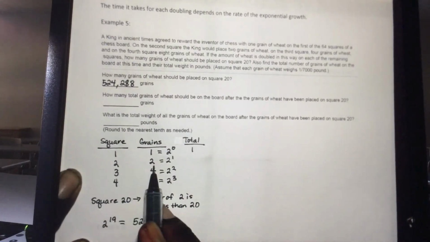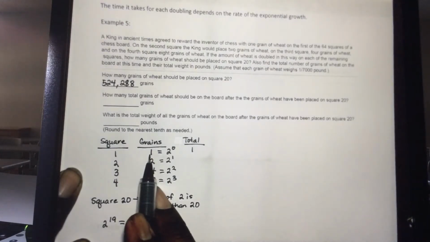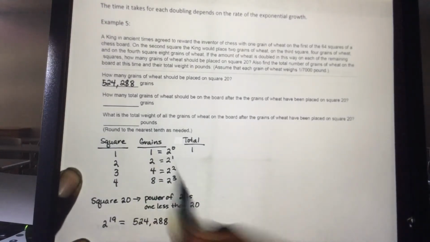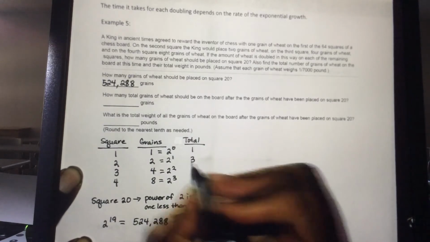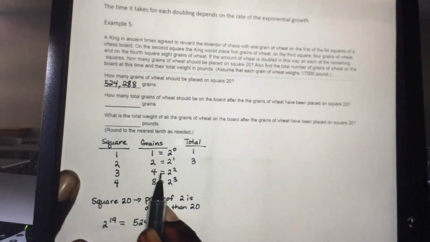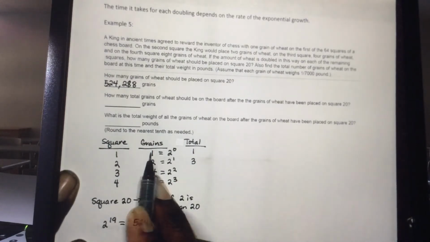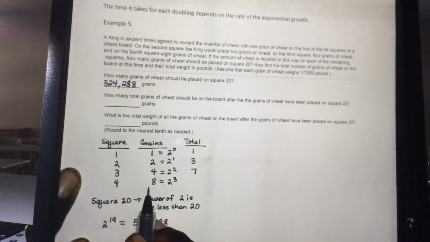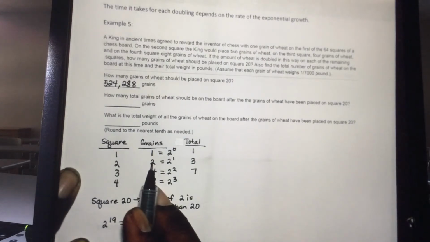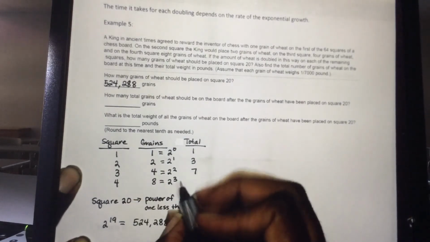After the second square, it's going to be 2 plus the number before it. 2 plus 1 will be 3. And then after square 3, you're going to have 4 plus the numbers before it: 4 plus 2 plus 1. That's 7. And then on square number 4, there will be 8. So the total will be 8 plus 4 plus 2 plus 1, which will be 15.